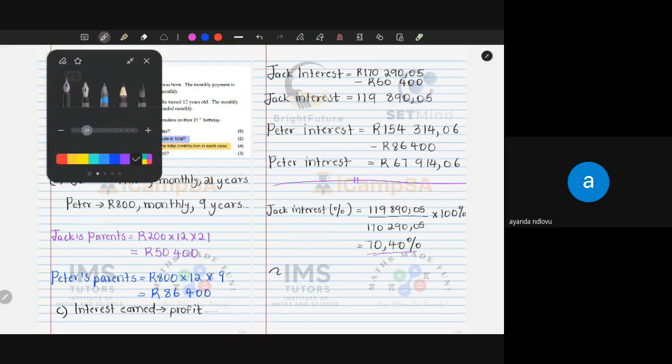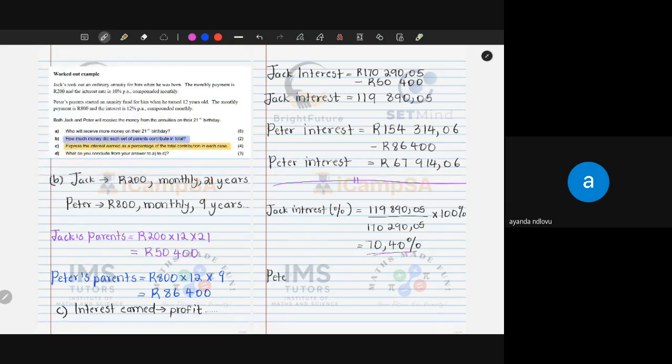Let's have a look at Peter's interest as a percentage. So that will be the interest amount, which is 67,914.06, and this will be divided by the total amount, which is 154,314.06.